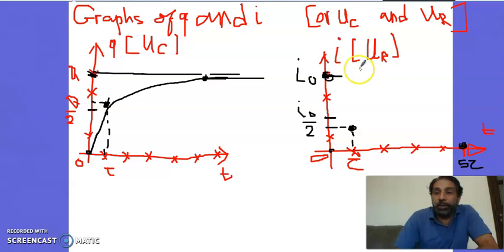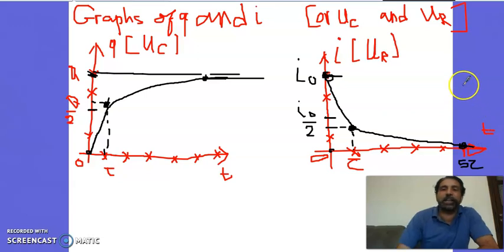So if you draw the curve, the current decreases or falls exponentially like this. Clear? This is the growth of voltage. This is decay of current.